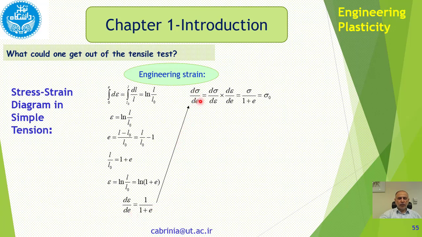Now d sigma over de is equal to d sigma over d epsilon times d epsilon over de. We obtain d epsilon by de here, and we had d sigma by d epsilon for the instability condition, which was sigma over 1. So sigma over 1 and 1 over 1 plus e multiplied becomes sigma over 1 plus e, and we call that sigma 0.